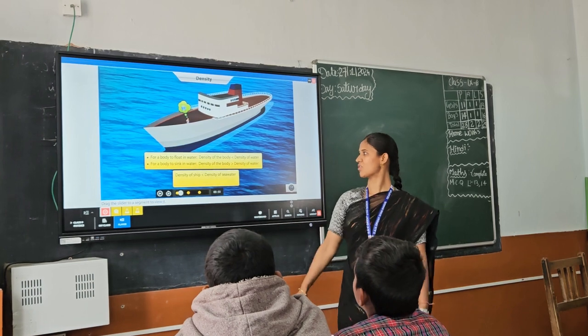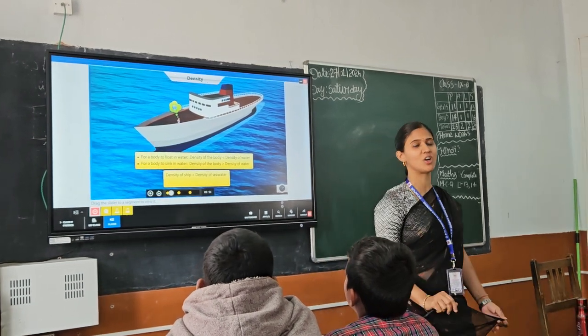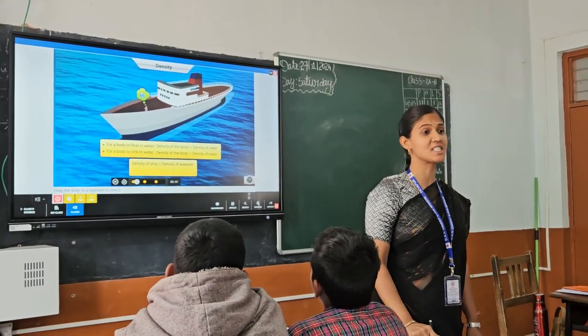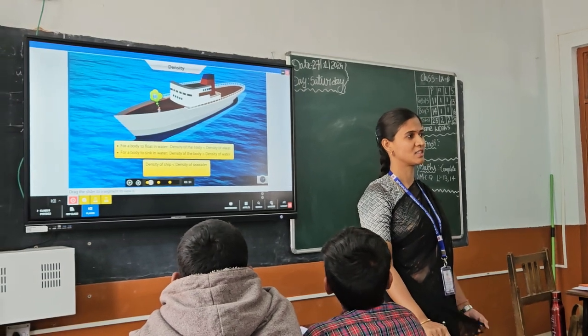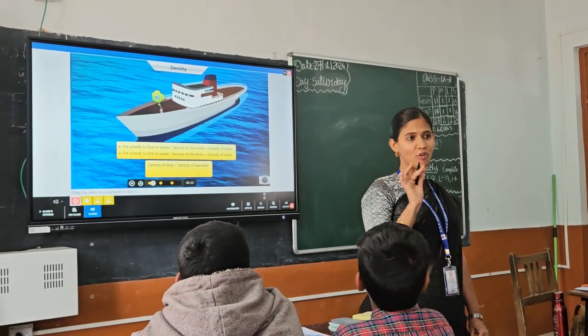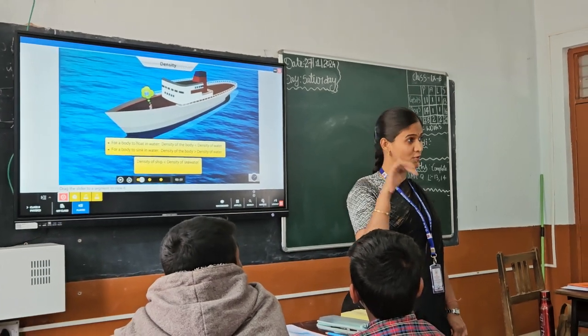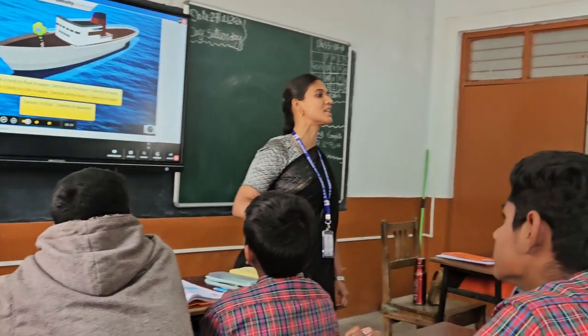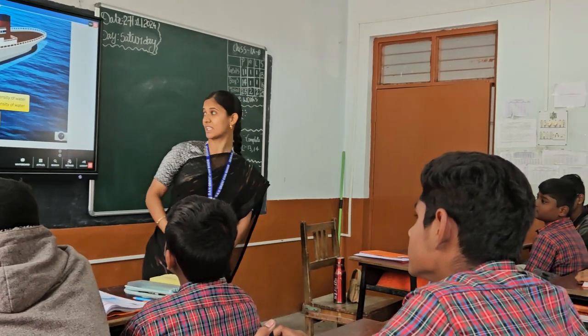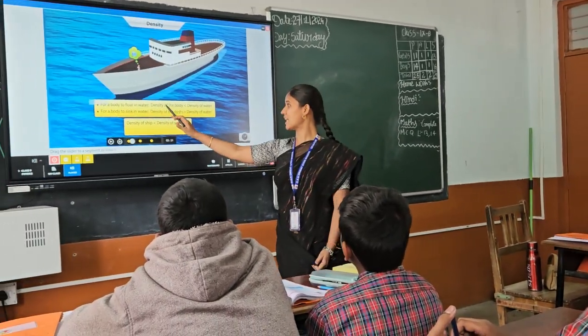Okay children, which objects float on water? If the object's density is more or less? Less. Here we are talking about the liquid water. What type of objects float on water? What type of objects sink in water? If the object is sinking in the water, what does it mean?